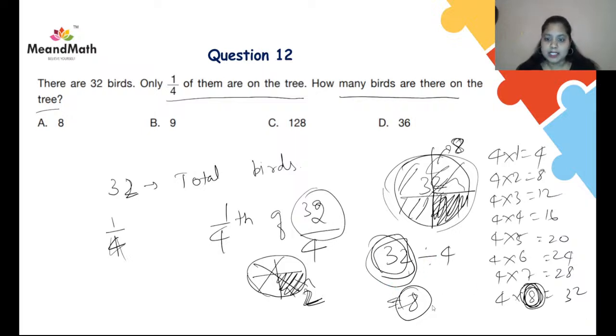So each part is 8 birds here. Clearly, answer option A has 8 birds here.